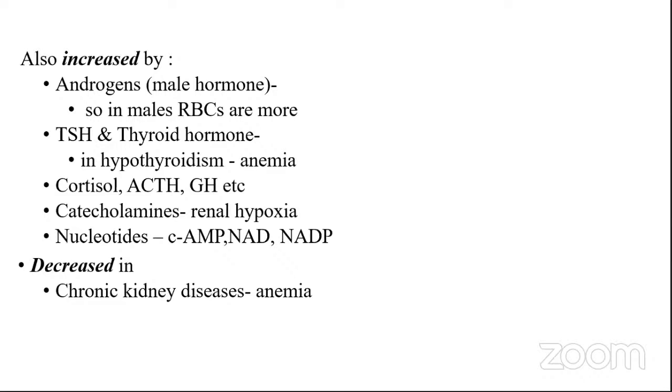Estrogen also decreases the hepatic synthesis of globulin. Remember, I have not written this here. Androgen increases erythropoietin, whereas estrogen decreases it by inhibiting it. So these are the factors which will increase and decrease it. Remember these conditions and hormones.